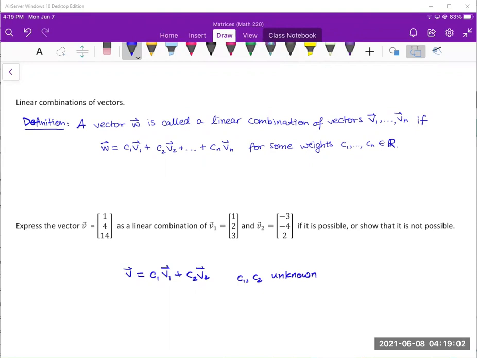Okay, and let's write in what these vectors are. We have (1, 4, 14). v1 is (1, 2, 3). And v2 is (-3, -4, 2).